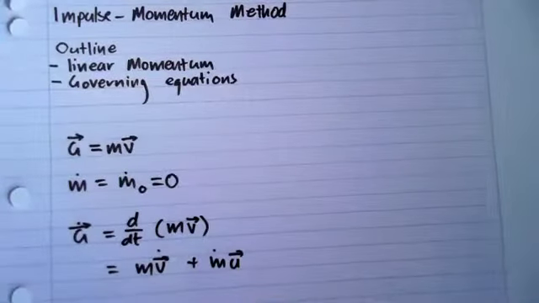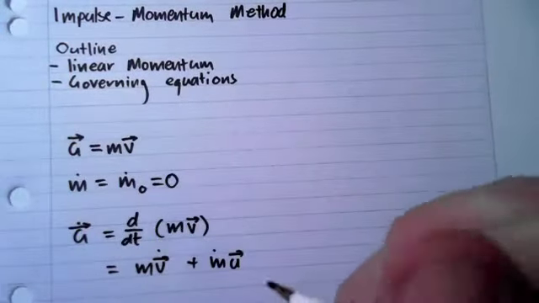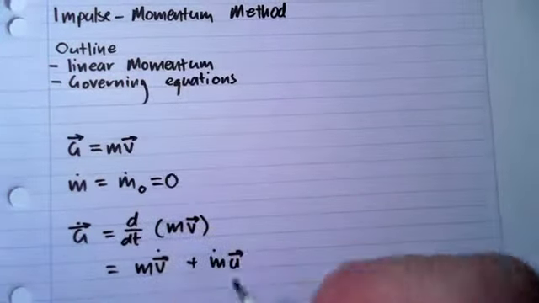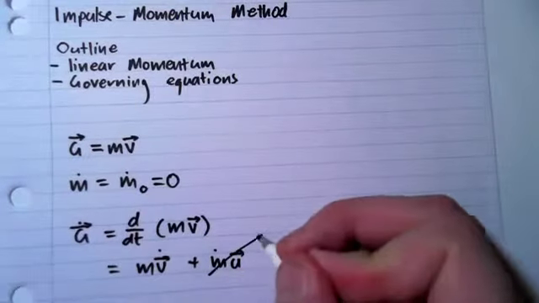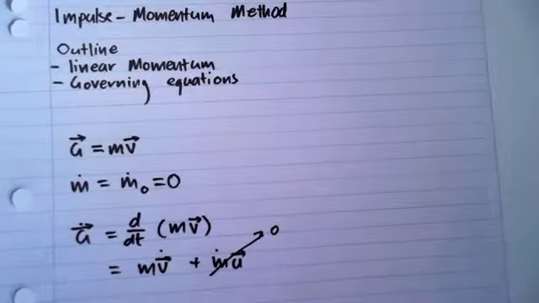It's covered further in variable mass, which we're not going to look at at the moment, but we've said that m dot is equal to m dot naught, which is 0, so this term is 0.